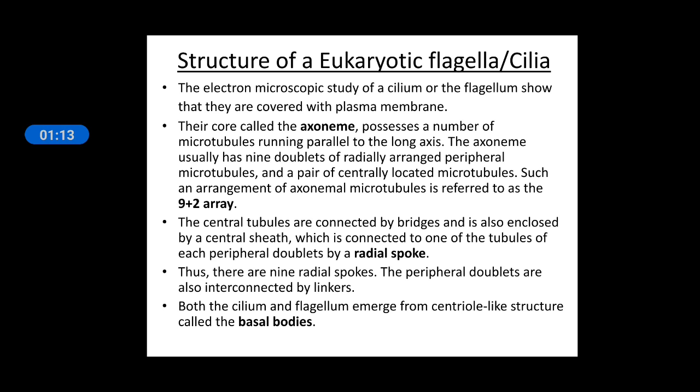The second point: their core, called the axoneme, possesses a number of microtubules running parallel to the long axis. The axoneme usually has 9 doublets of radially arranged peripheral microtubules and a pair of centrally located microtubules. Such an arrangement of axonemal microtubules is referred to as the 9 plus 2 array.